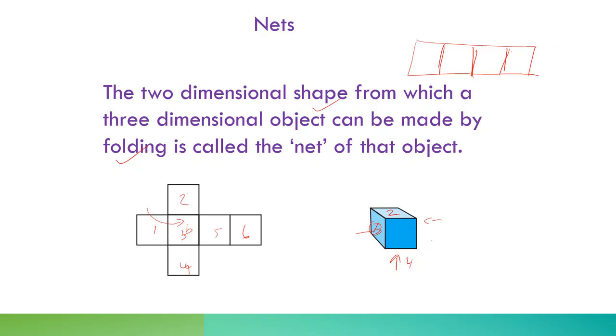I will repeat it once again. 1 will go here simply, no doubt. 2 will be at the top, 4 will be at the bottom, and one side is 3 is already there on the back, 5 on this side, 6 will come in front. Like that we can make cube. I have made an attempt to show you. मैं कुछ कोशिश की आपको दिखाने का next page में. See, this is that figure, almost like उतना perfect नहीं, where we named it as 1, 2, 3, 4, 5, 6.